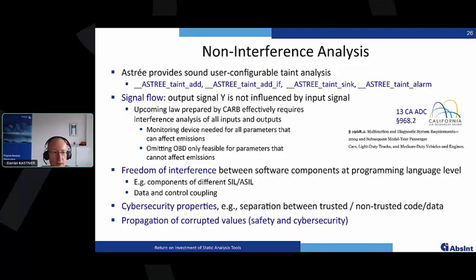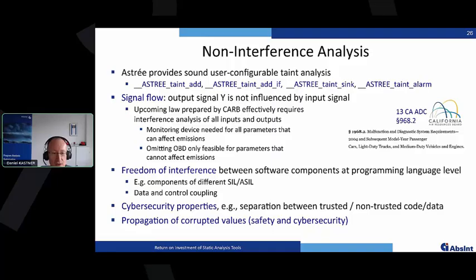Now let's take a brief look at the non-interference analysis I mentioned. So one application here is signal flow analysis. This is quite interesting. It's required by upcoming legislation in California. And basically it means that there must be onboard monitoring devices for all signals which can influence the exhaust behavior. And you can only omit these onboard OBD devices if you can show that a certain signal does not have an impact on exhaust control.